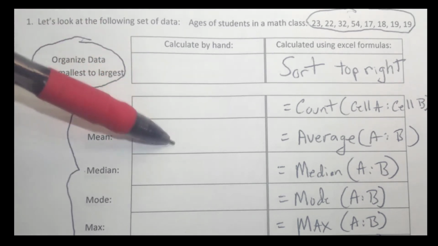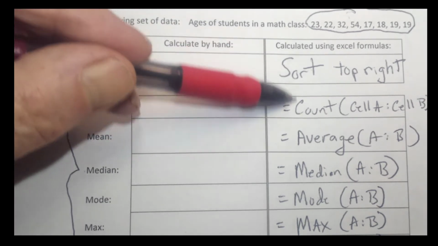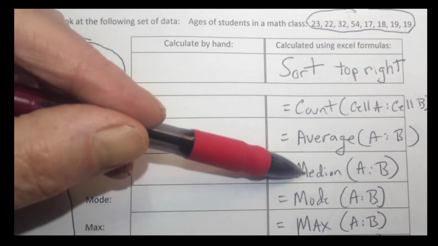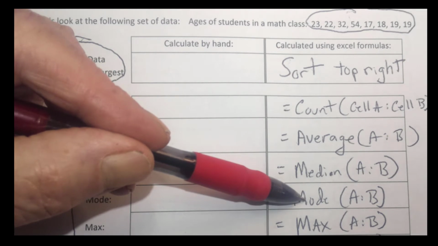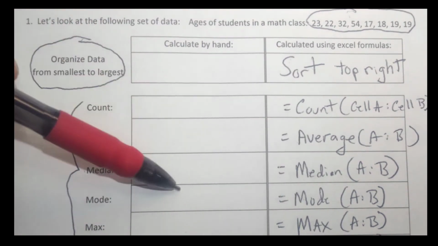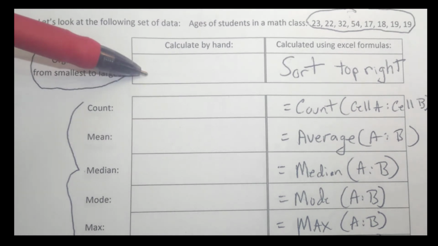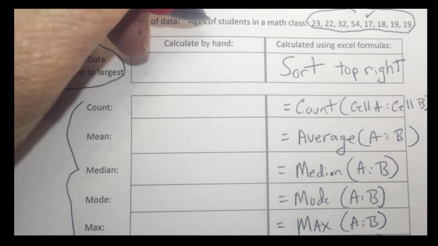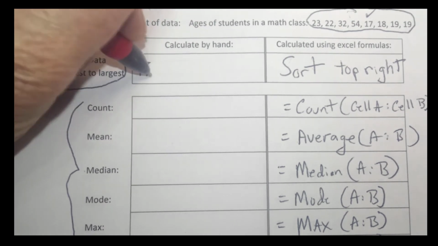Now we're going to do this by hand, and we're also going to do it with Excel. Excel has these built-in functions which will do it automatically, and we'll go through that after we do it by hand. But let's put up our hand calculations here. The smallest number is 17 years old.